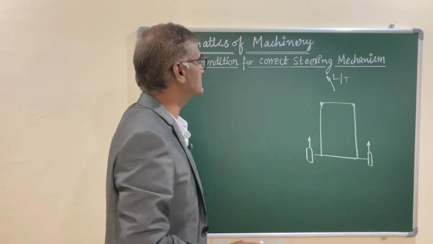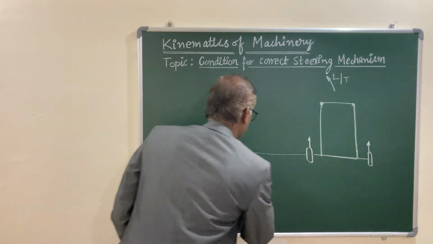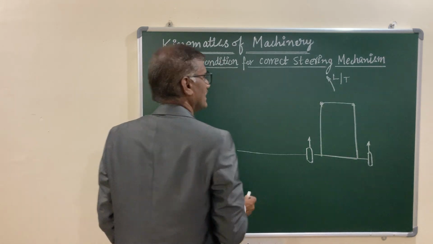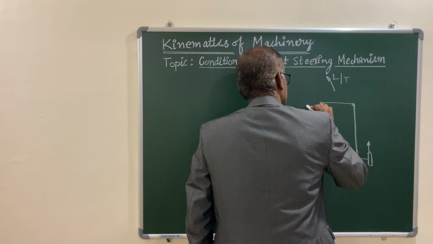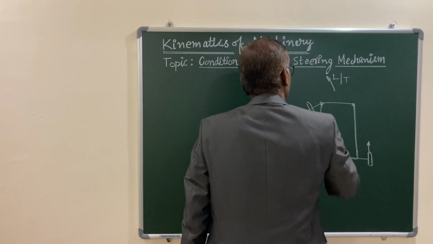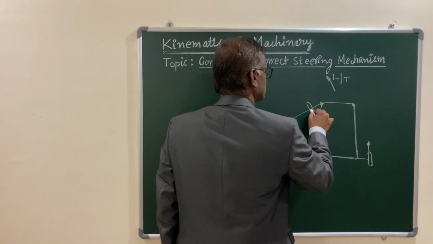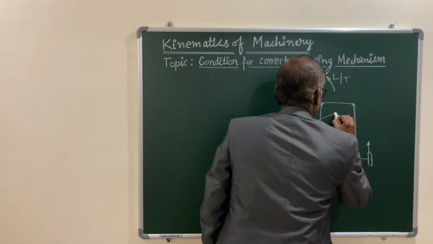LT indicates left turn, and I am erecting perpendiculars to both the rear wheels. And here you have a stub axle, and on the stub axle a wheel is mounted. Let us consider this is the inner turning wheel, and let us extend this.